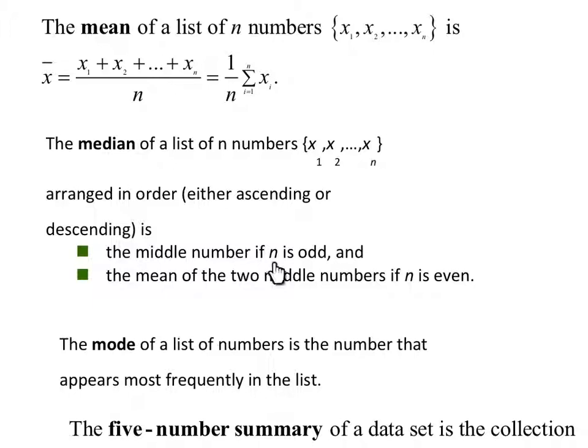If n is odd, it is the middle number. If n is even, it's the mean, the average of the two middle numbers. And the mode is the most common if it occurs. There can be some that do not have a mode, but it's the most commonly listed, and there can be more than one. Okay, so let's take a look at an example.